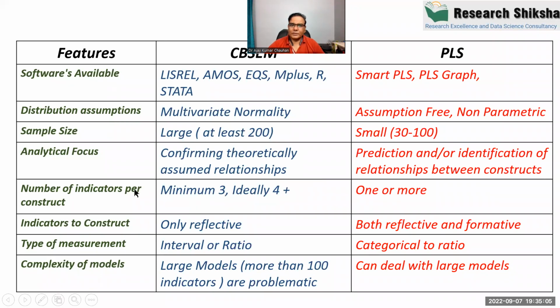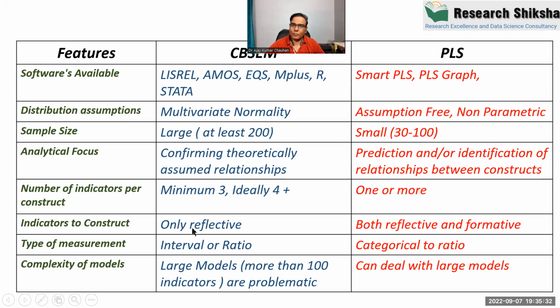Now, number of indicators. In AMOS, it is mandatory that you must have at least 3 items, 3 statements in a construct. But in PLS, even if you have 1 item, it is sufficient. So this is one of the important differences between CB-SEM and PLS. And in CB-SEM, you can use only reflective constructs.